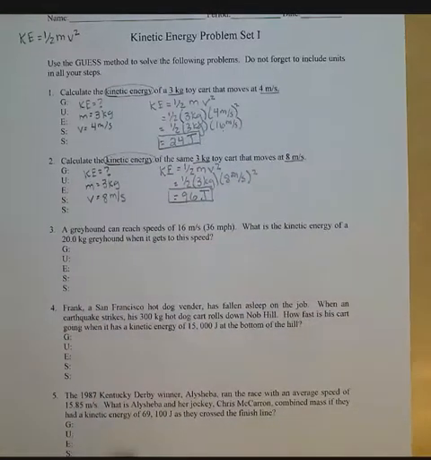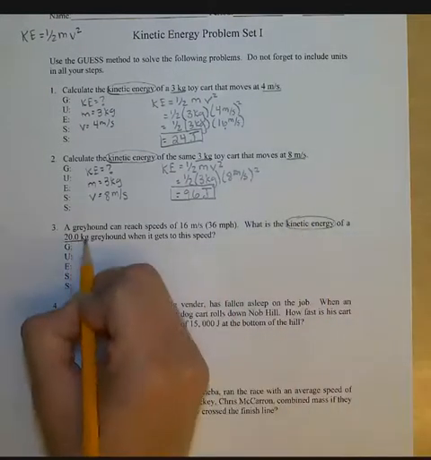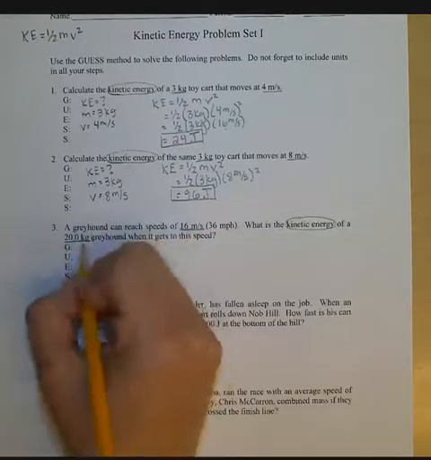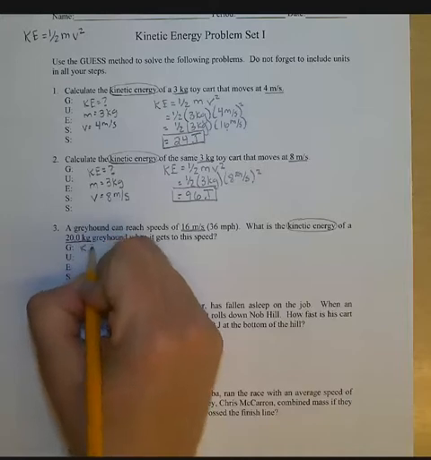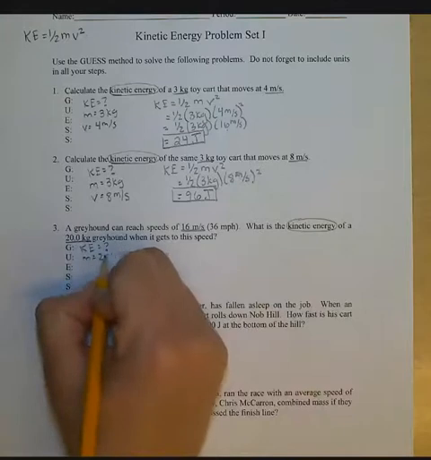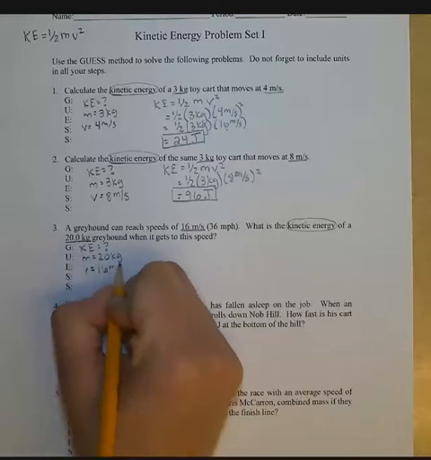Now I can do number 3. A greyhound can reach speeds of 16 meters per second, or 36 miles per hour. What is the kinetic energy of a 20 kilogram greyhound when it gets to this speed? So we're going to use that speed, because it's in the units that we've been working with. I don't know my kinetic energy. I do know my mass, and my velocity is 16 meters per second.